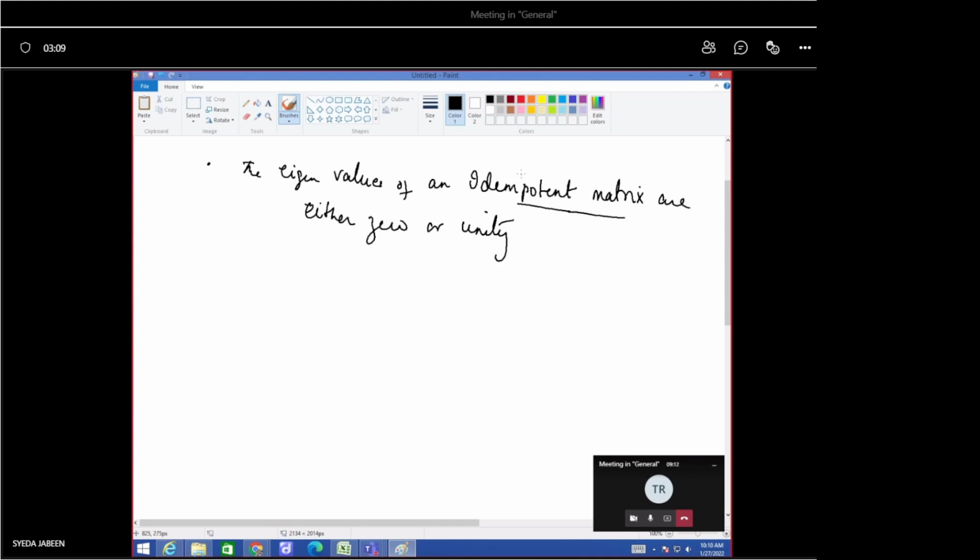Have you heard this name? Yes, ma'am. If A square is equal to A, then it is called the idempotent matrix. The same way you can prove it, as we were doing in the other class also: Ax is equal to lambda x. Again you take A common on both sides. From that you equate the equation and you will get the value. So proof is actually not required. You can remember it.